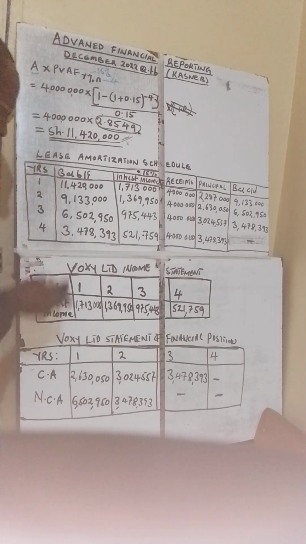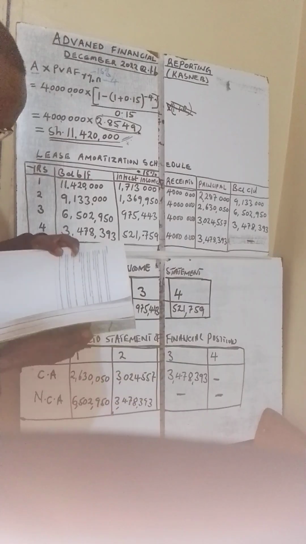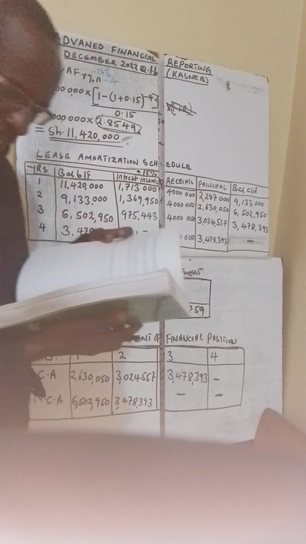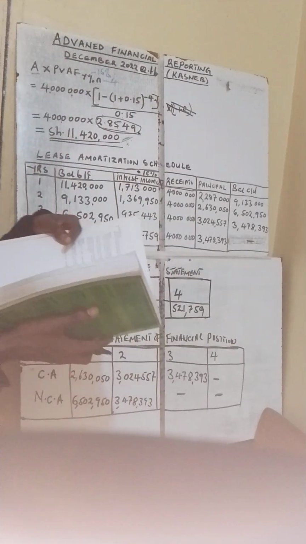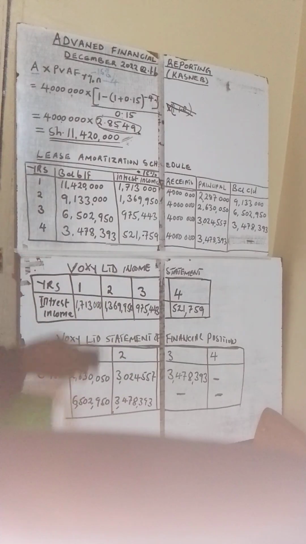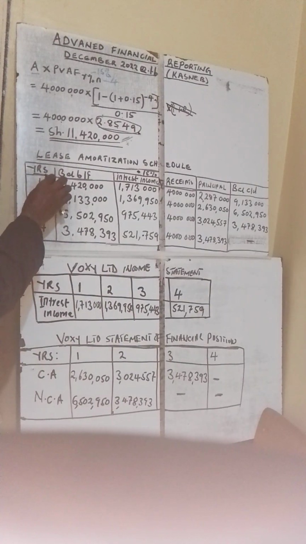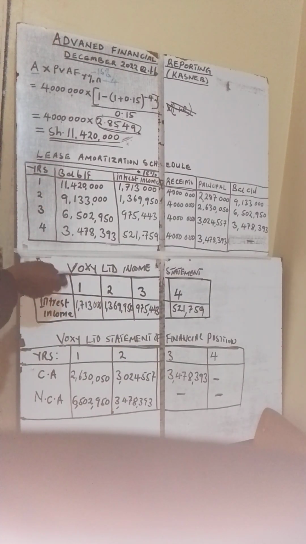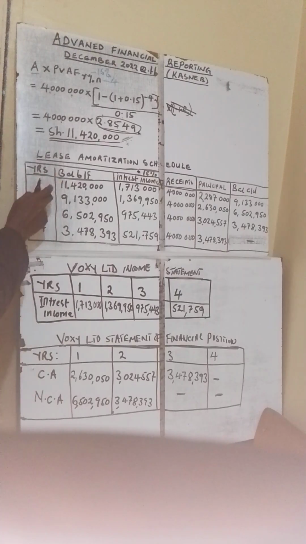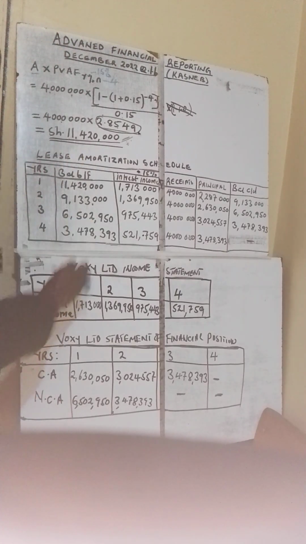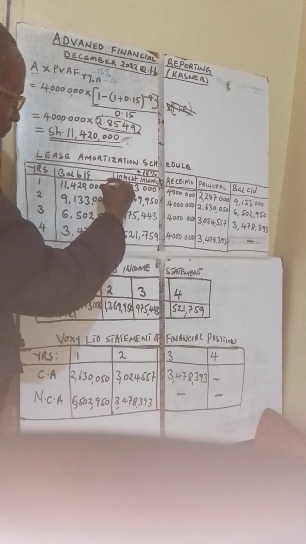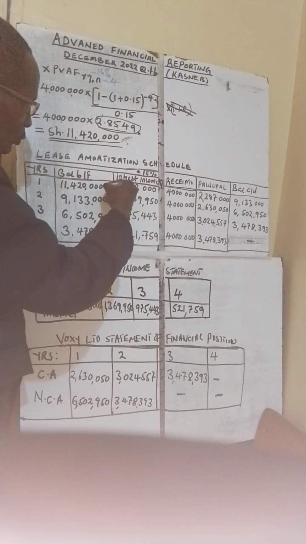There are 4 years, as we have been told that the lease is for 4 years, 2023 to 2026. So instead of writing 1, 2, 3, 4, you can write 2023, 2024, 2025, 2026. Then balance brought forward here. So you start with this one. That figure there is what you start with.